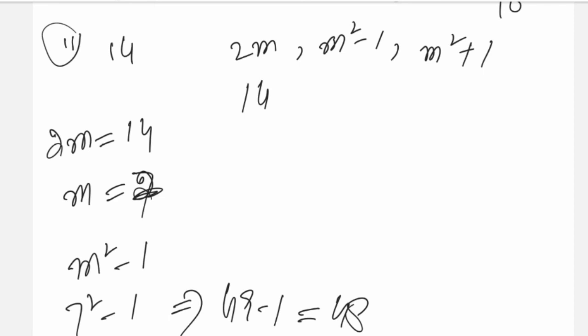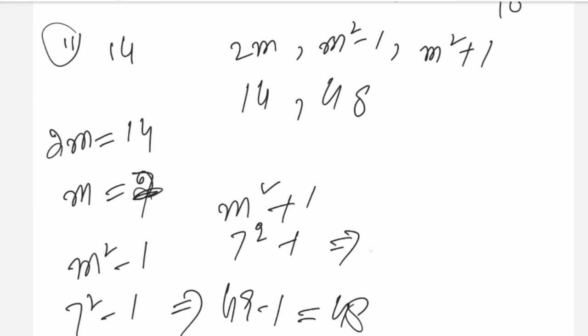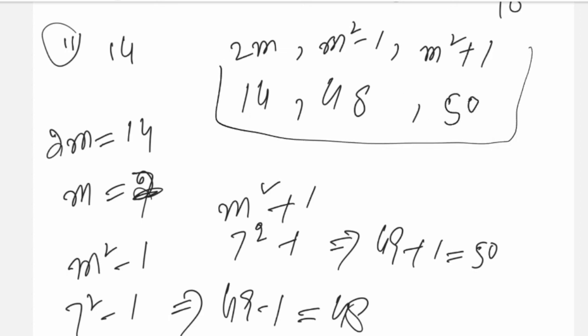So the next number will be 48. After that there is m square plus 1, that is 7 square plus 1, that will be equal to 49 plus 1, that will be equal to 50. So these 3 are the Pythagoras triplet.